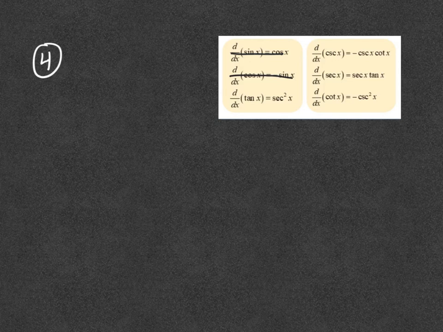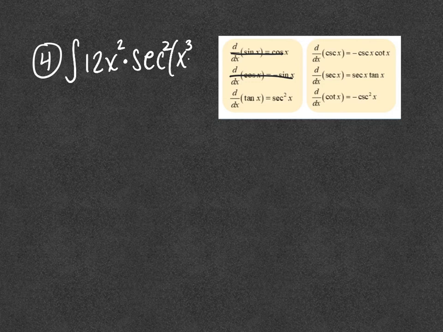So example number 4 will be secant squared. So let's do an example with secant squared. So we have the integral of 12x squared times secant squared of x to the third plus 3 dx. So the same kind of concept as before.